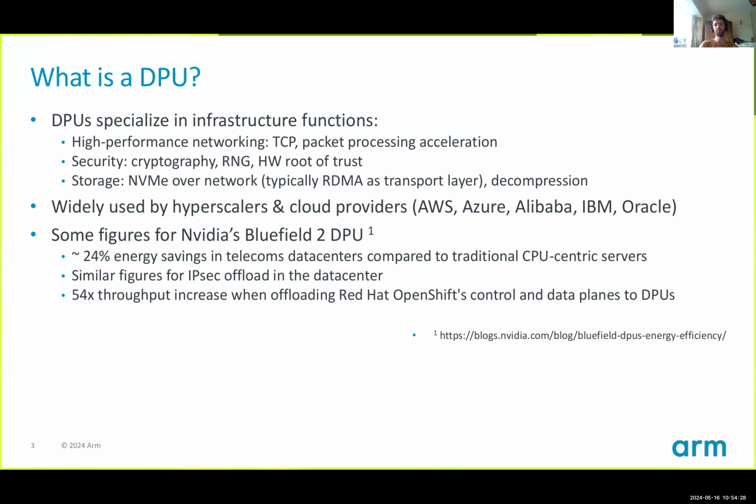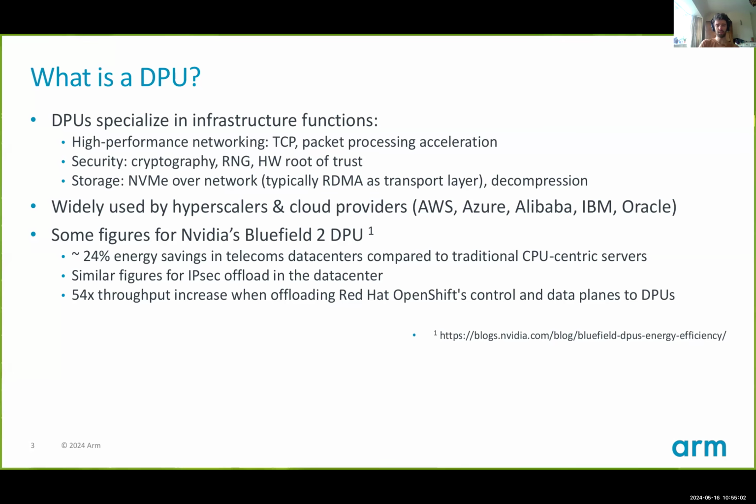There's already a bunch of them massively using DPUs. To give you some figures of why it's interesting for them, there's been a study from NVIDIA's partners. I believe Ericsson was part of them, and they showed that using DPUs could reduce energy usage by around 20% to 25% compared to traditional CPU-centric servers.